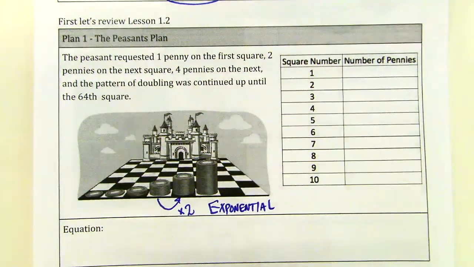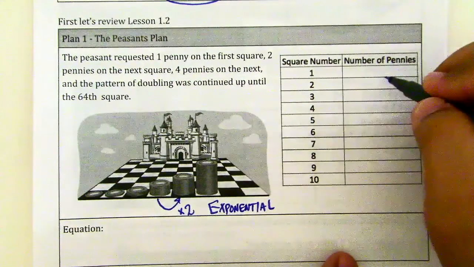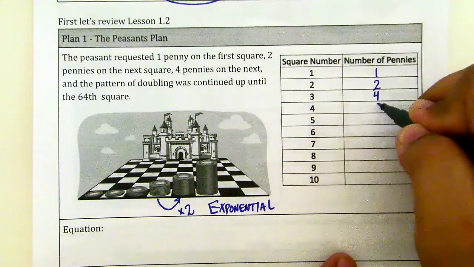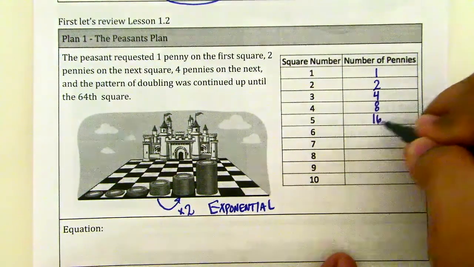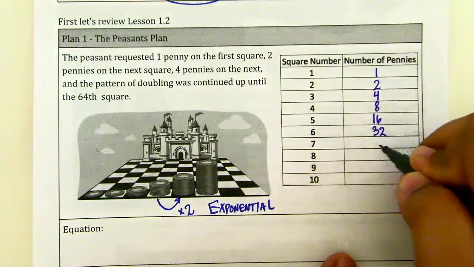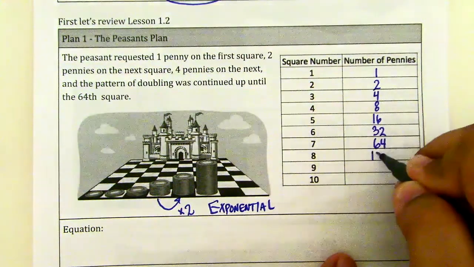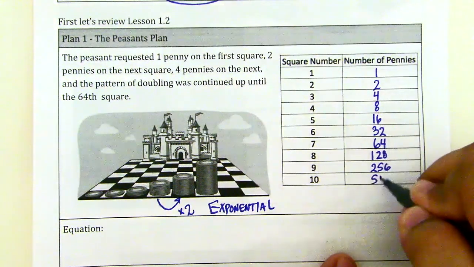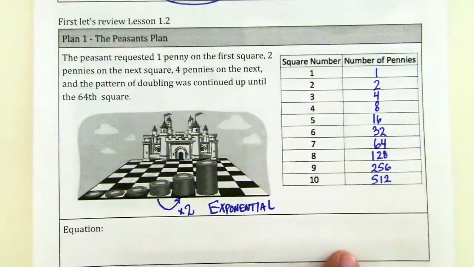So just to remind yourself of what we saw yesterday, remember we had 1 penny on the first square. We doubled that to 2. Then we doubled it to 4. We doubled it to 8, 16, 32, 64, 128, 256, 512. So what you can see is that exponential growth grows extremely fast, right?